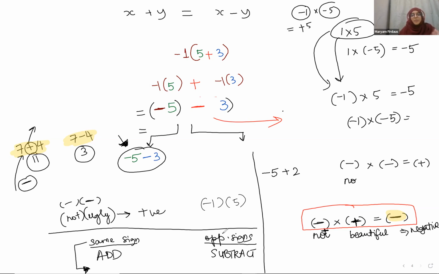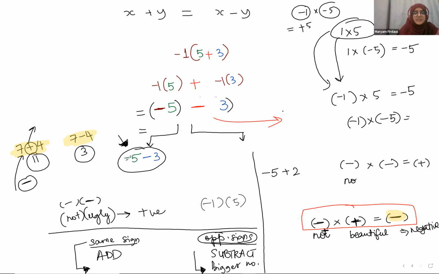But if they are opposite signs, then you will ask yourself, both the numbers are having different signs, which sign should I put for the answer? That becomes a question, doesn't it? So what do you do over there, Hiba? Subtract. Yeah, you subtract, but as for the sign, which sign will you put for the answer? Of the bigger number, exactly. The sign of the bigger number.